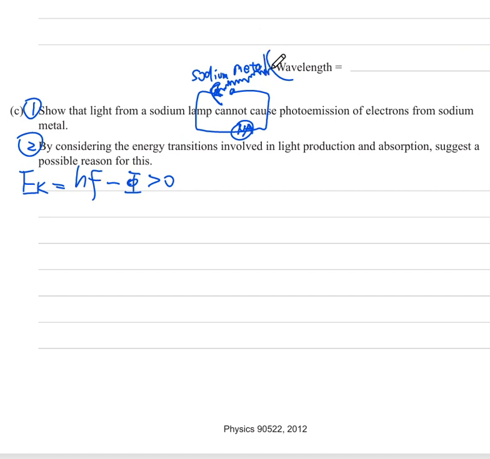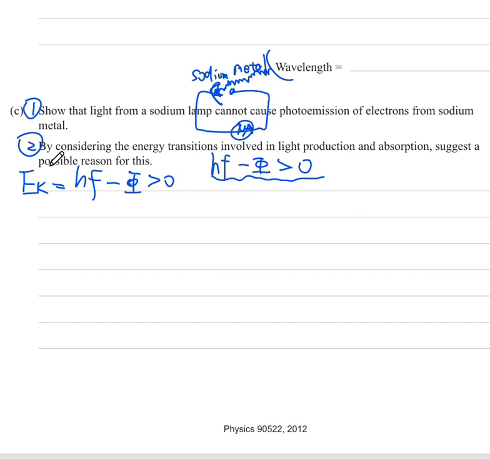So the photon energy has to overcome the work function. The work function is, as we covered, the resistance energy of a metal to knocking out electrons from it.